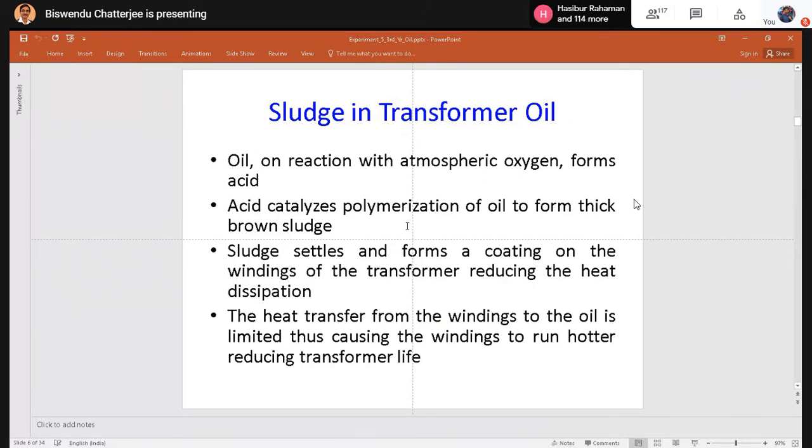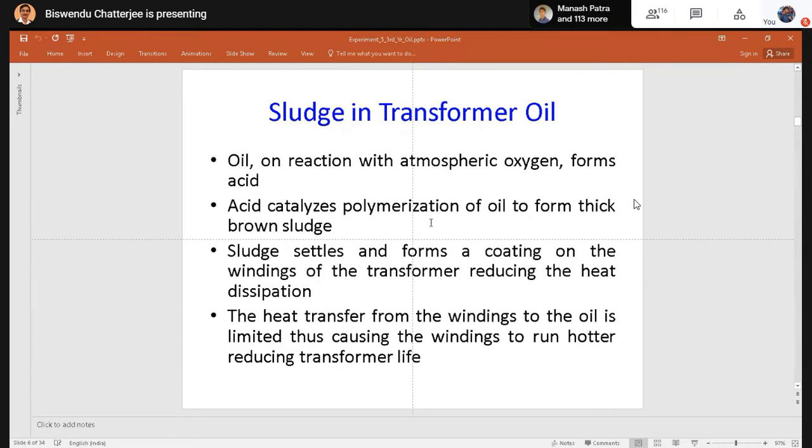The hydrocarbon is a liquid and it must flow in the transformer, but acid catalyzes this polymerization, and polymer means some cross-linking and converting to a resin-type structure, which is viscous, thick, and comes out as solid flakes in the oil.